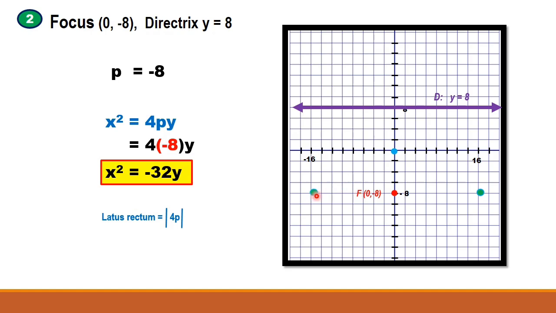So this is the other point, and this is the focal width of this parabola. And the coordinates are positive 16, negative 8, and negative 16, negative 8. And draw the parabola.